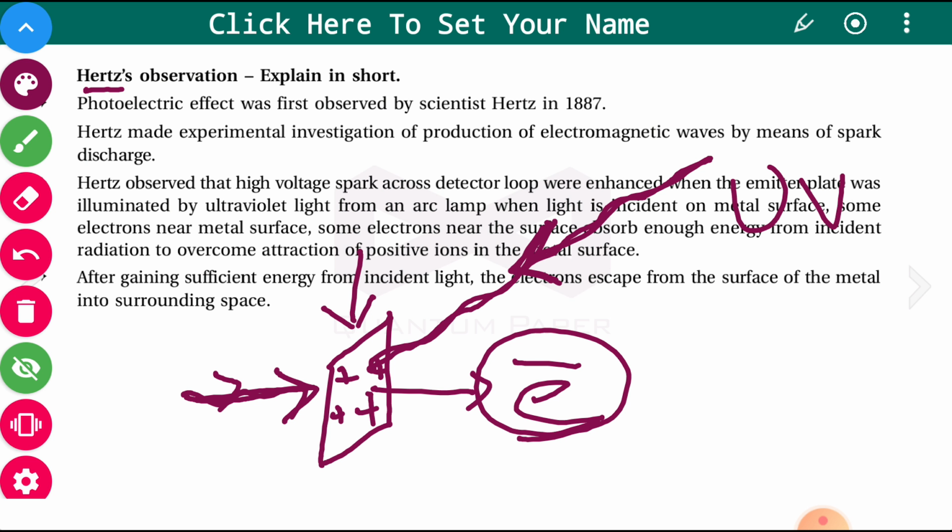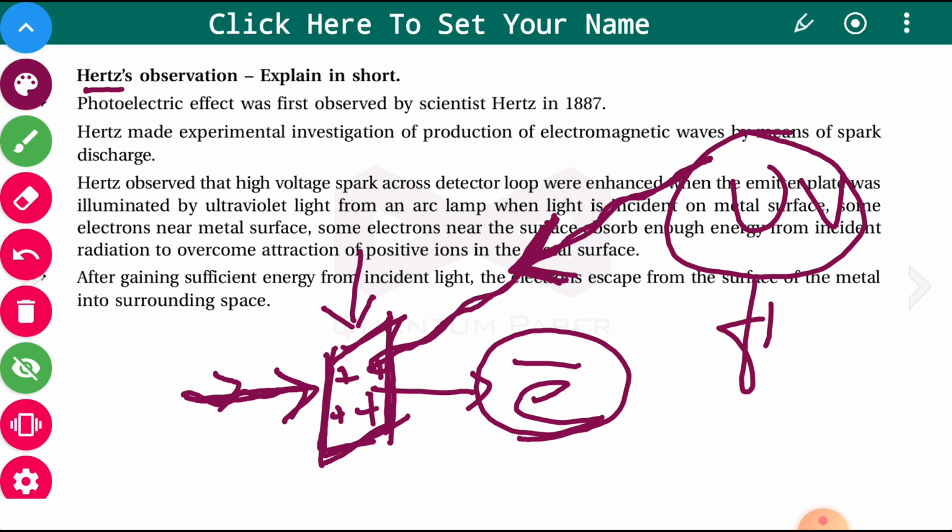This led him to conclude that whenever ultraviolet light of proper frequency is incident on a metal surface, electrons are emitted. That was his observation.